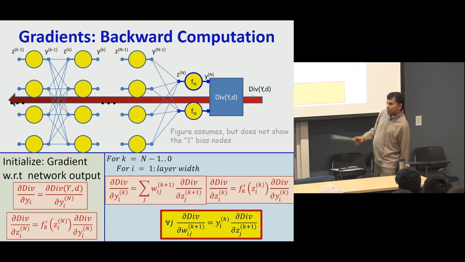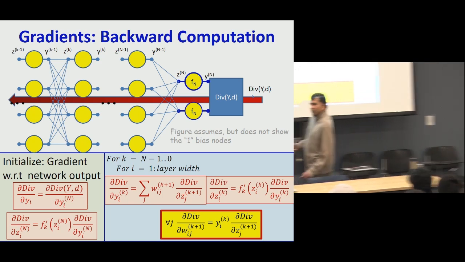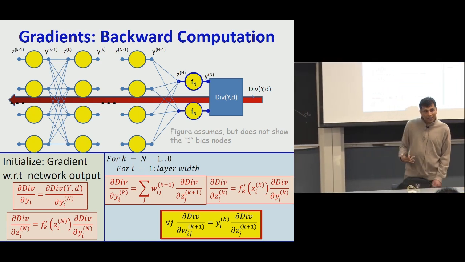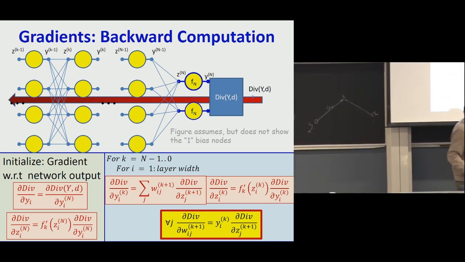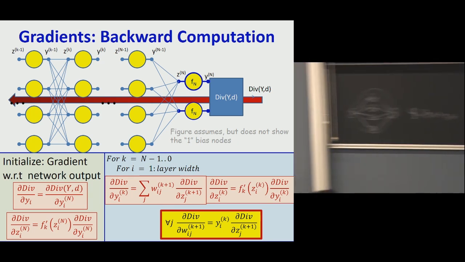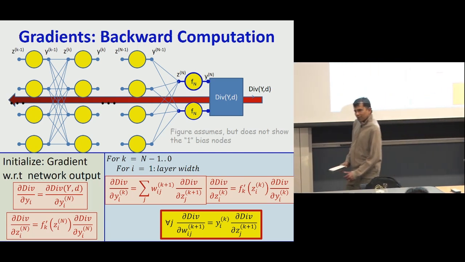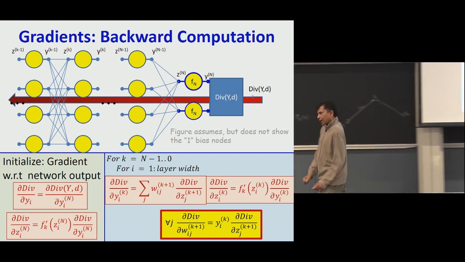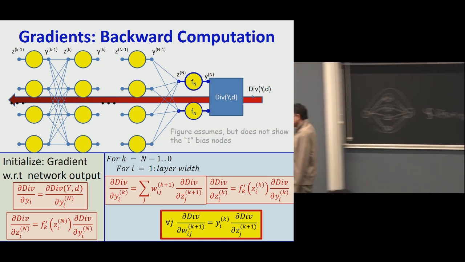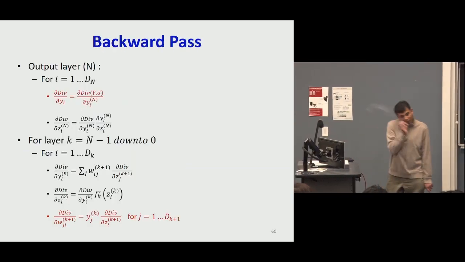And as a side step, you're going to be computing the derivative of the divergence with respect to each of the weights. And that's simply going to be the derivative with respect to z times the y. This is just going backward. Very simple algorithm. And if I were to write it in pseudocode, this is the so-called backward pass.